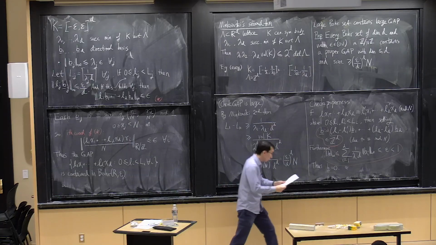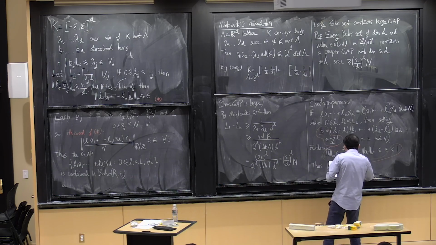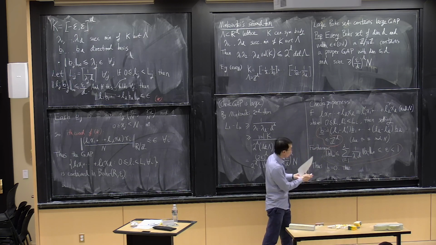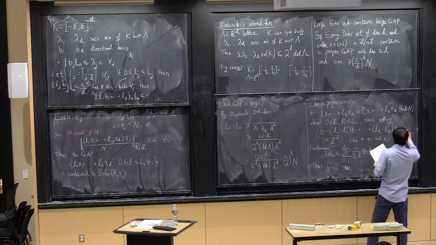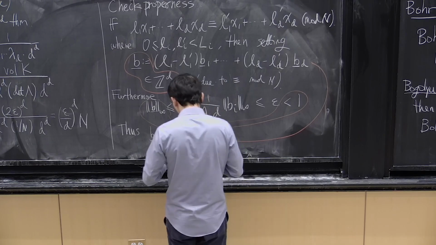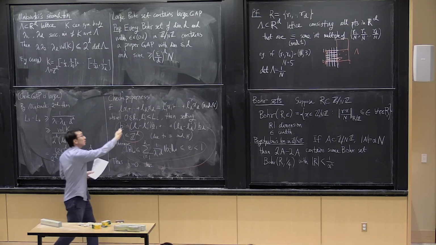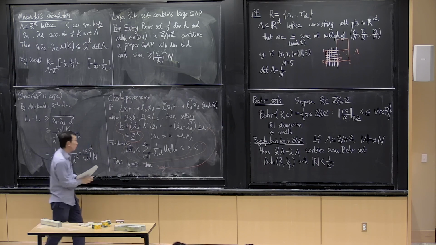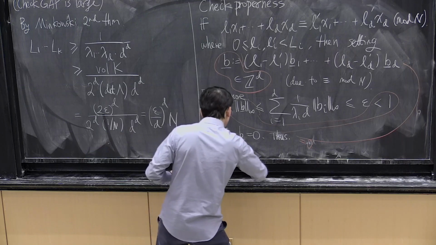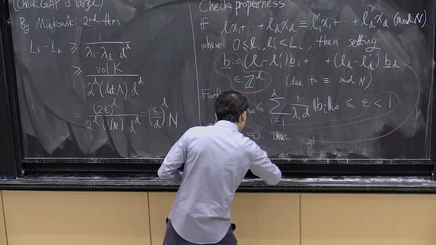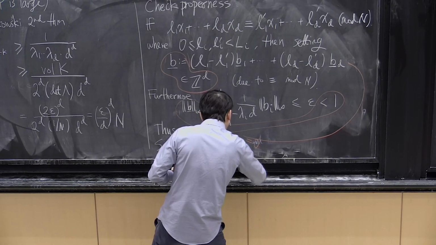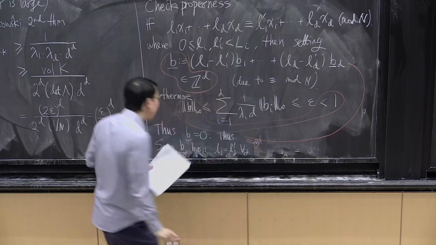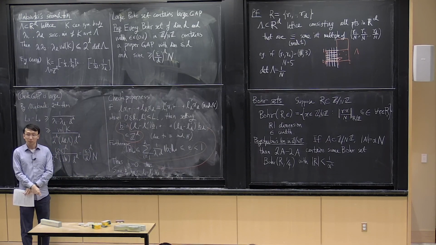So B is the 0 vector, and thus this sum here equals 0, and since the b_i's form a basis, we find that the l_i's and l prime i's are equal to each other for all i. And this checks the properness of this GAP.